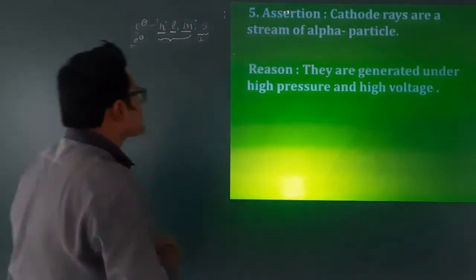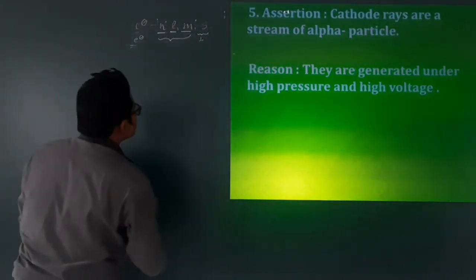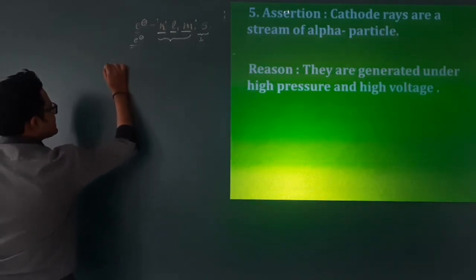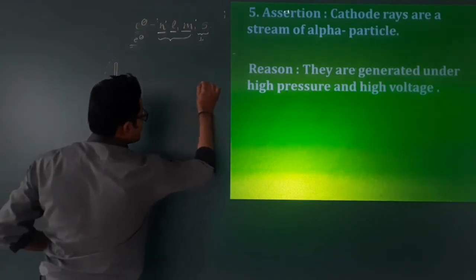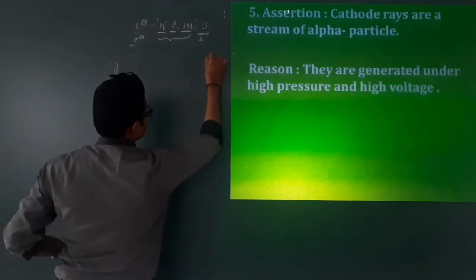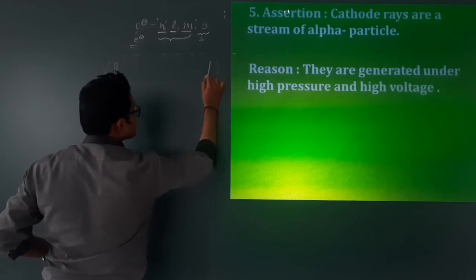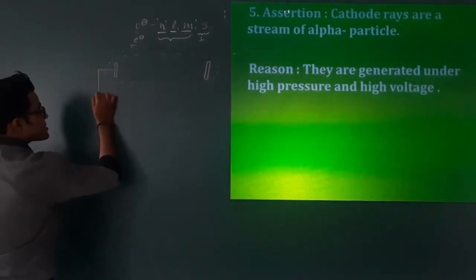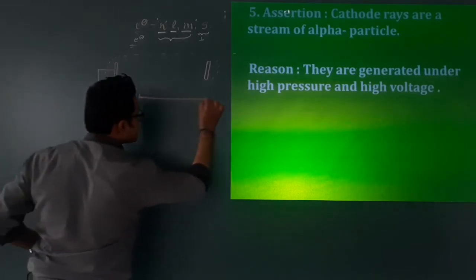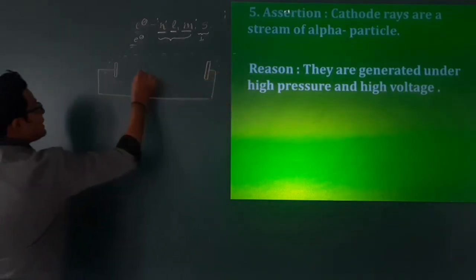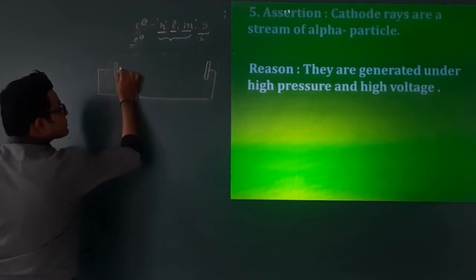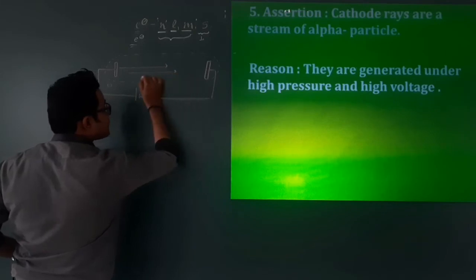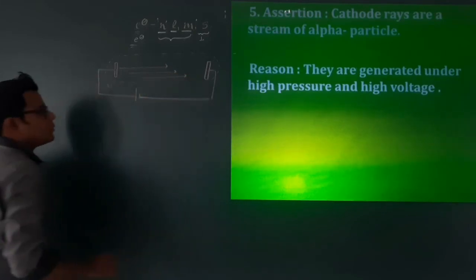In a discharge tube experiment, the rays were produced from the cathode section. The radiations obtained from the cathode side were known as cathode rays.